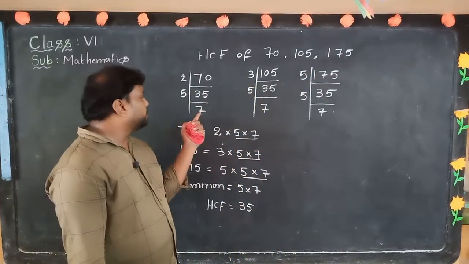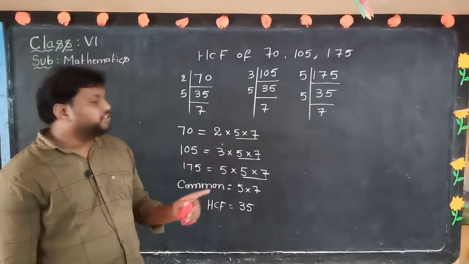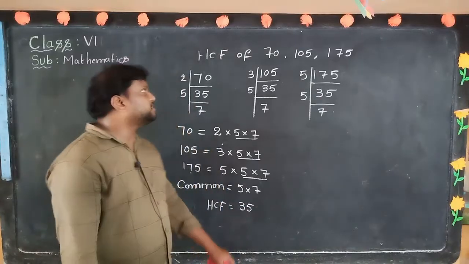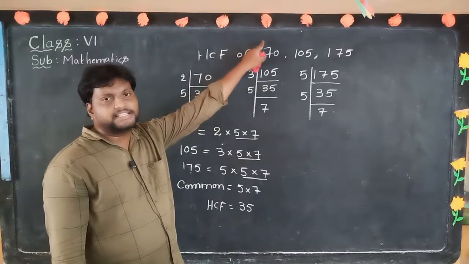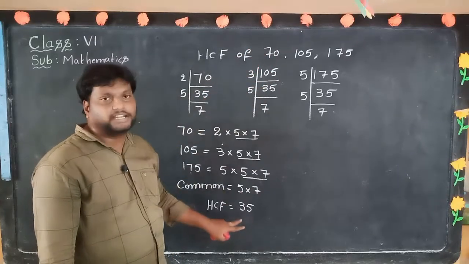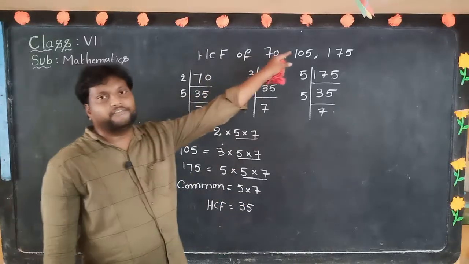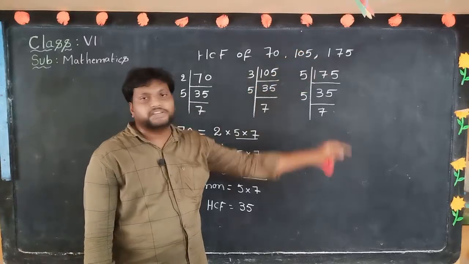7 is also a common factor and 5 is also a common factor, but out of these, the highest common factor is 35. One more thing, just observe: 35 is less than 70. 35 is less than each and every given number: 70, 105, 175.